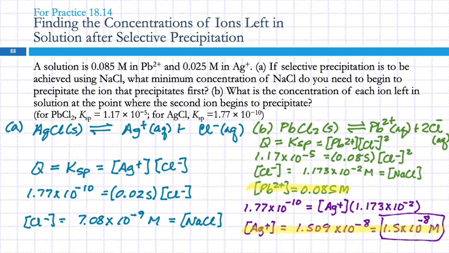When the chloride ion concentration gets to this point, the solution will be saturated in lead chloride, and if we add more, the lead will precipitate, but it hasn't precipitated yet. Does that make sense? Kind of? Yeah? You sure? Anybody else?